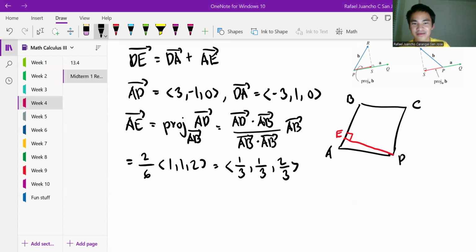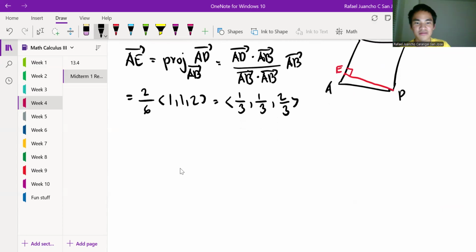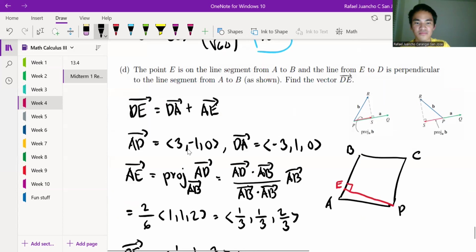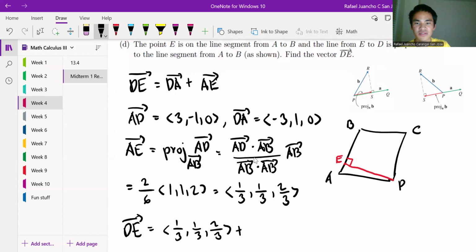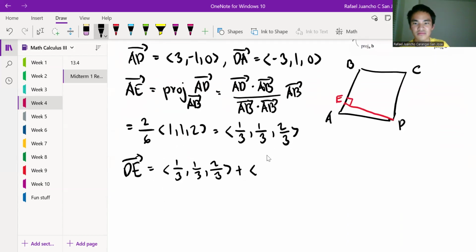And that's my AE. And then now to get my DE, I need to add this to my DA, which is -3, 1, 0.